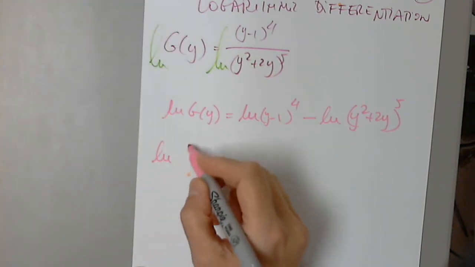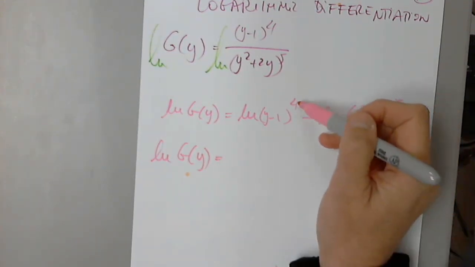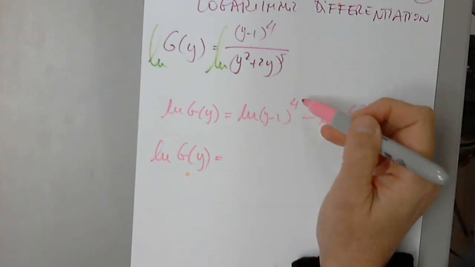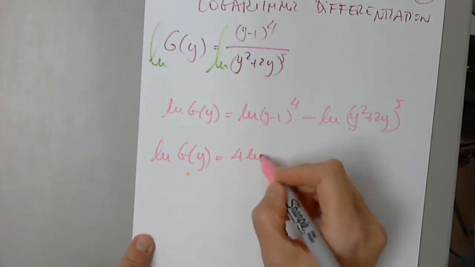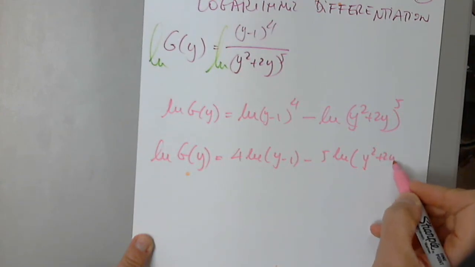The left-hand side is still natural log of g of y. Now, we are allowed to bring the power in front. So this is 4 natural log of (y minus 1) minus 5 natural log of (y squared plus 2y).